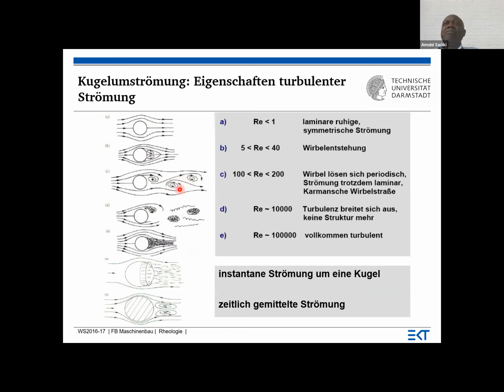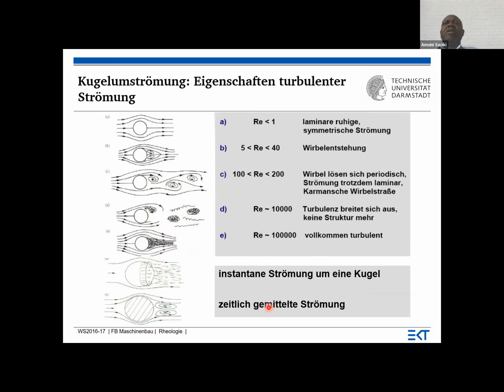And if the Reynolds number is very high, there is the prediction of turbulence here, and we have full turbulent flow around, so behind these particles. And what we see here is exactly what we can see for a stationary flow.